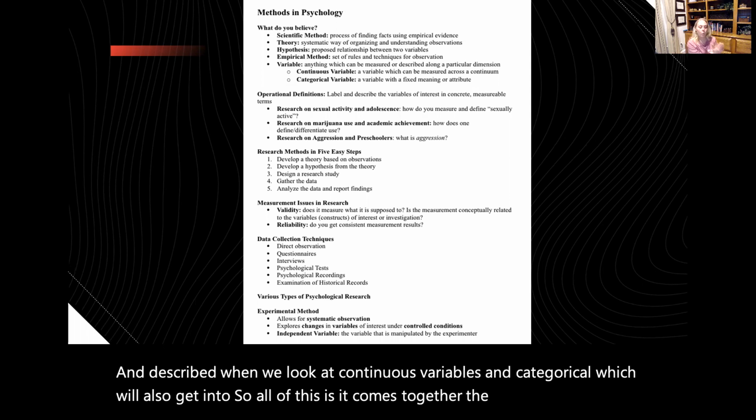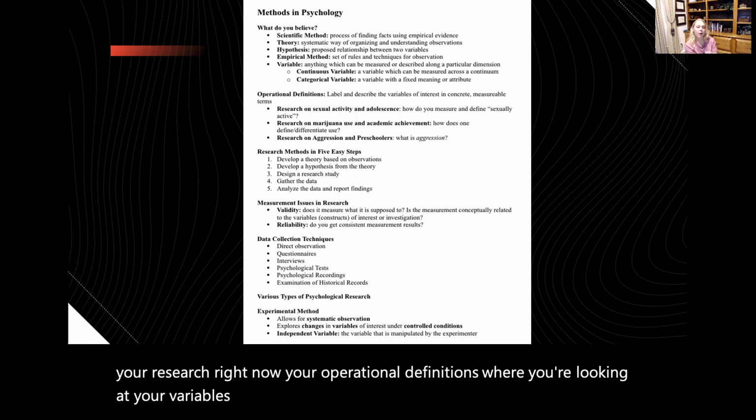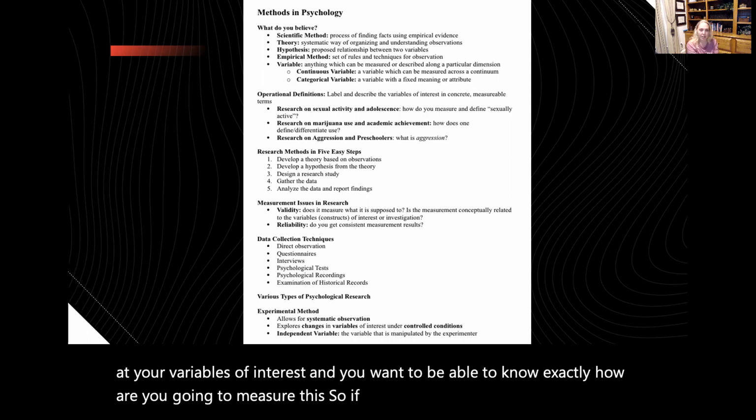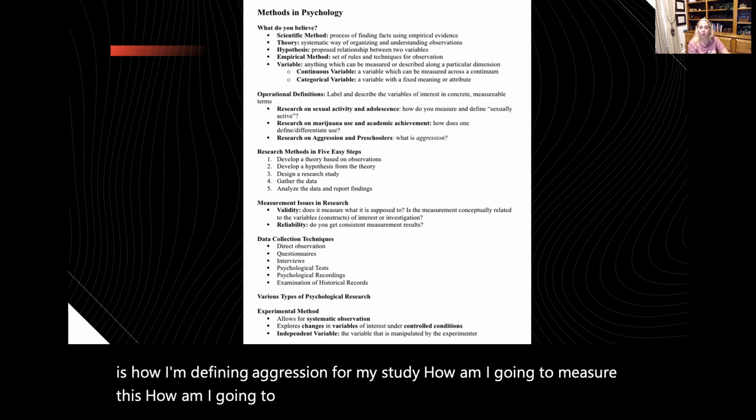For your research right now, your operational definitions, where you're looking at your variables of interest, you want to be able to know exactly how you are going to measure this. If you're looking at aggression, you know, okay, this is how I'm defining aggression for my study. How am I going to measure this? How am I going to measure reaction to social media?